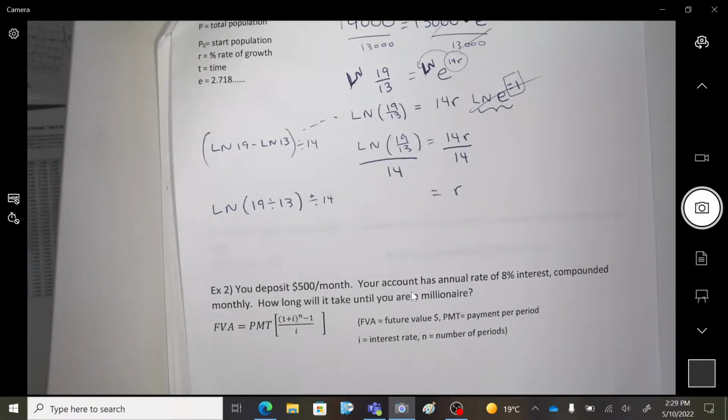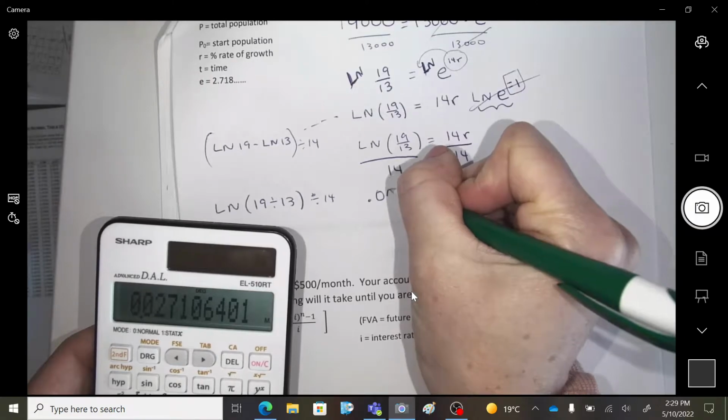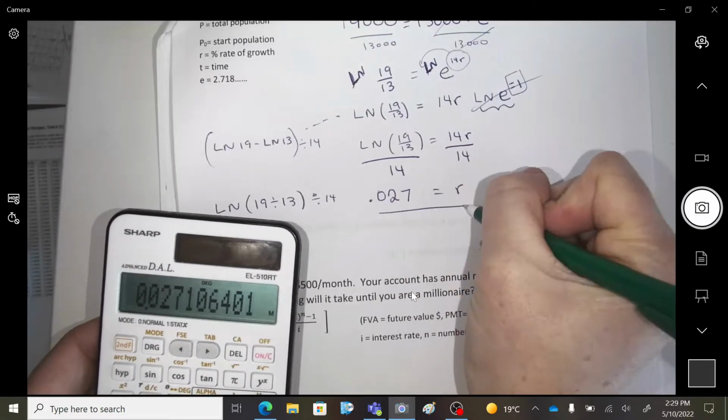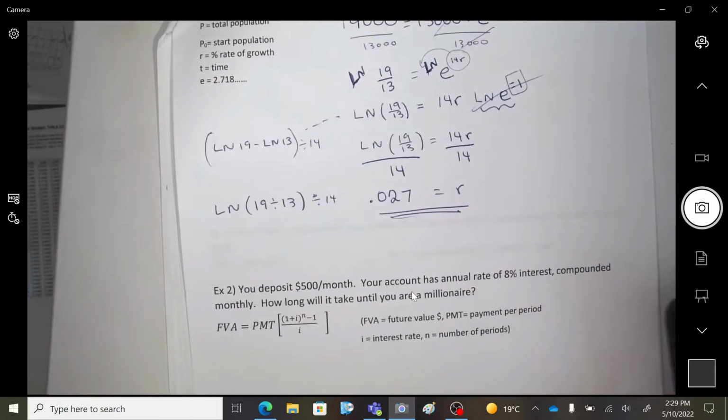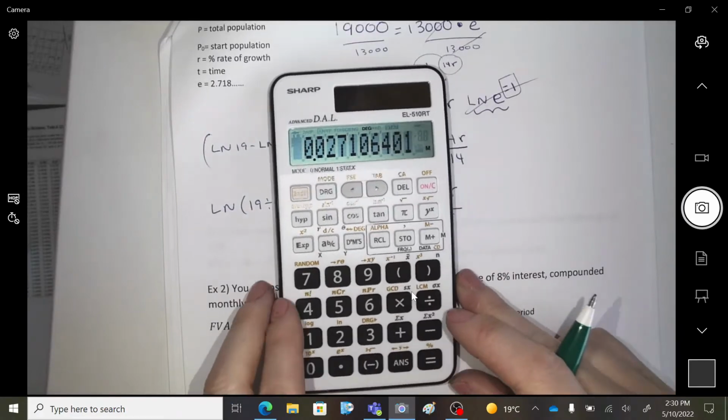Do you remember where your LN button is? And whatever you do when you're done, do not erase it from your calculator. You want it on your calculator.